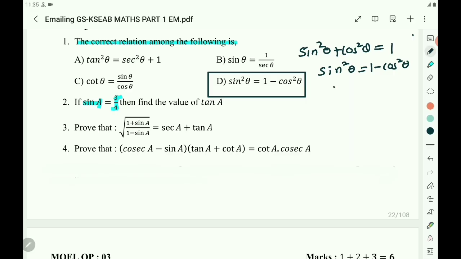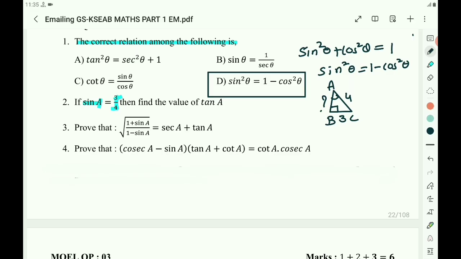Then you write the rough sketch. This is the right angle triangle ABC, and BC is the opposite side and AC is the hypotenuse 4. Then find the adjacent side to the angle A. How will you get this? By using the Pythagoras theorem.